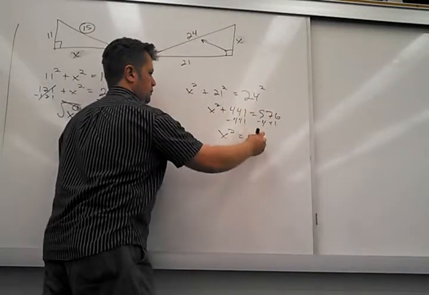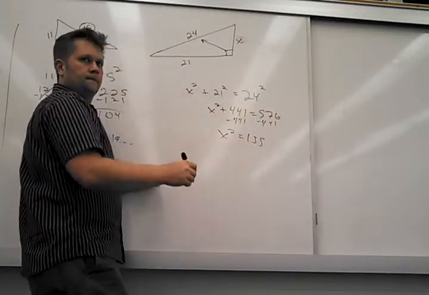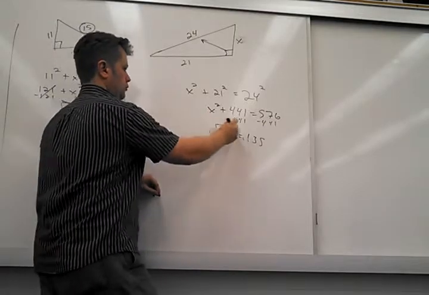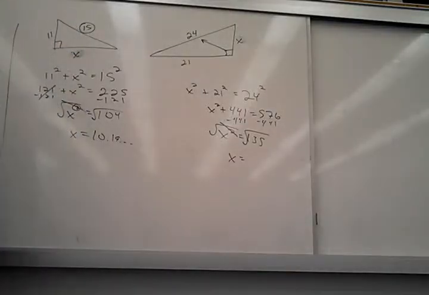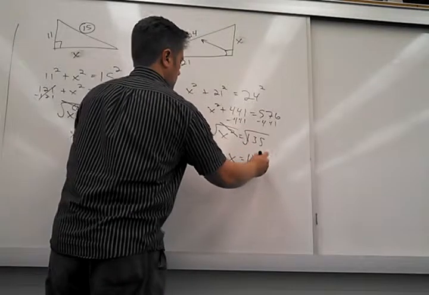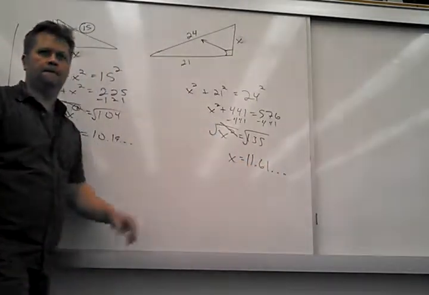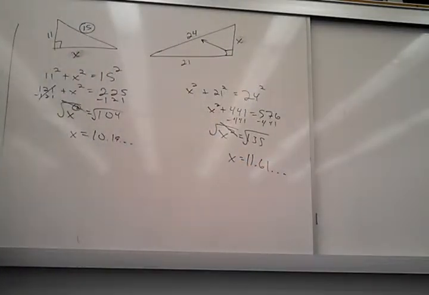So that's 135. And then we need the square root, so you can kill that square. The square root of 135 is 11.61. We did the square root of 135.